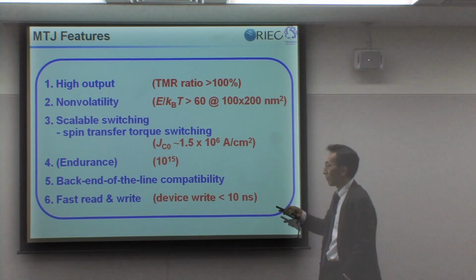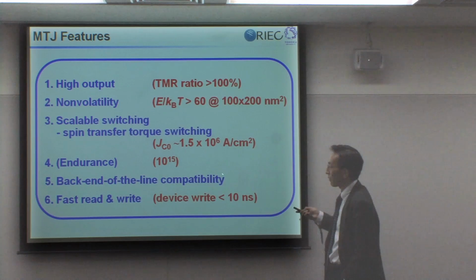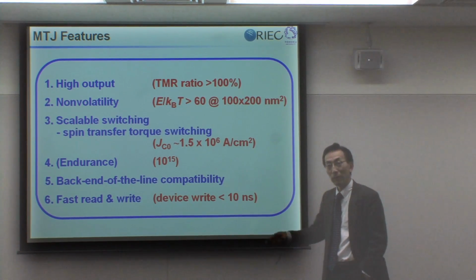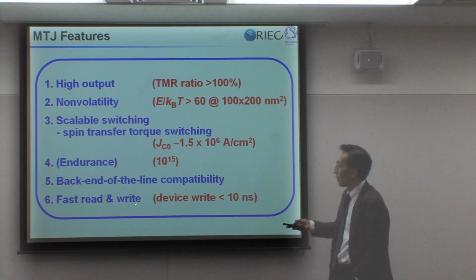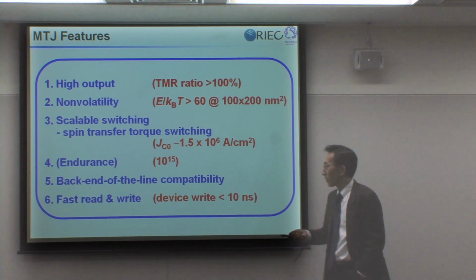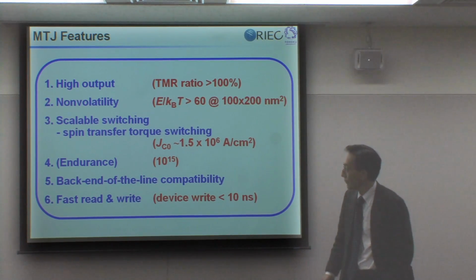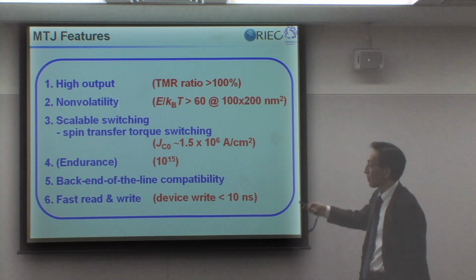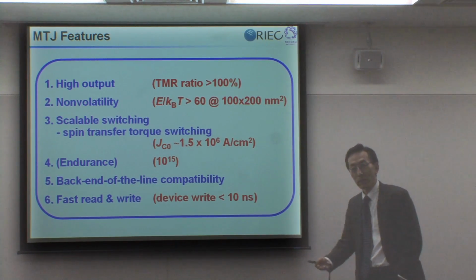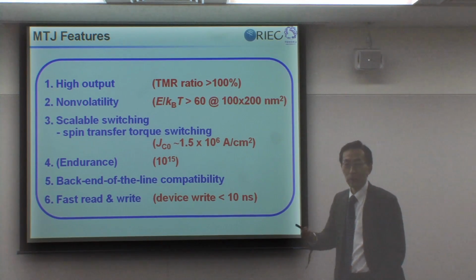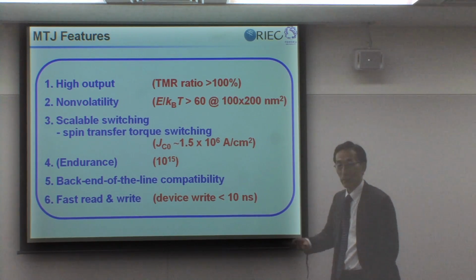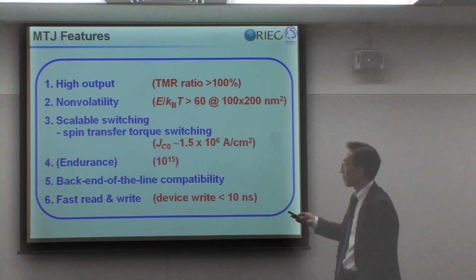And this is important too. And I will discuss back end of the line compatibility later in my slides. And although I haven't shown you this, we can read and write reasonably fast, less than 10 nanoseconds. So this is a rather unique set of features that you cannot achieve in other non-volatile memory elements, like flash. Flash endurance is not as good.